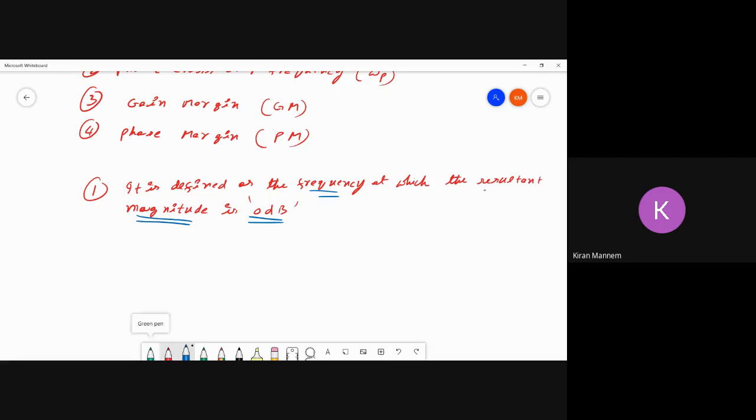So what does it mean? That is, the gain crossover frequency is defined as the frequency at which the magnitude of G of j omega into H of j omega is equal to 1.